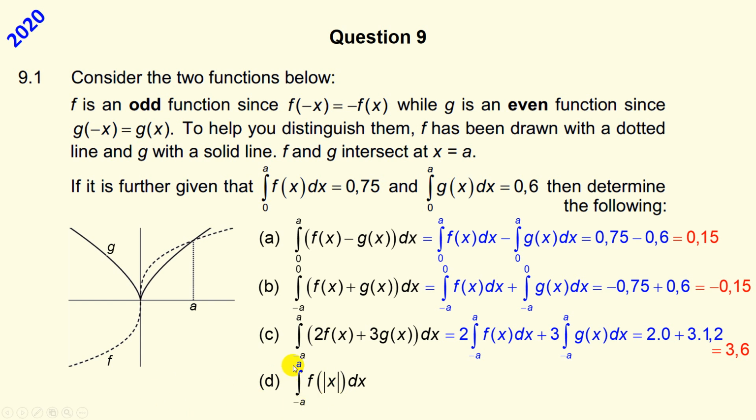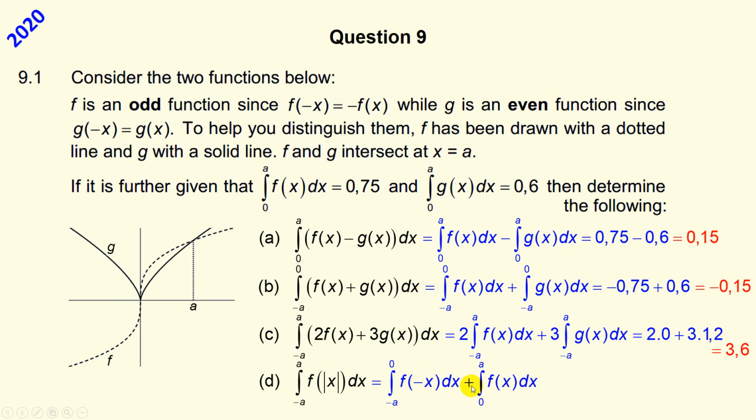So negative a to a. Therefore, we're going to separate negative a to 0, and we're going to have to change the sign because x is negative. So negative a to 0, and instead of the absolute value, I'll write negative x because x is negative. The absolute value of a negative value, we change its sign.